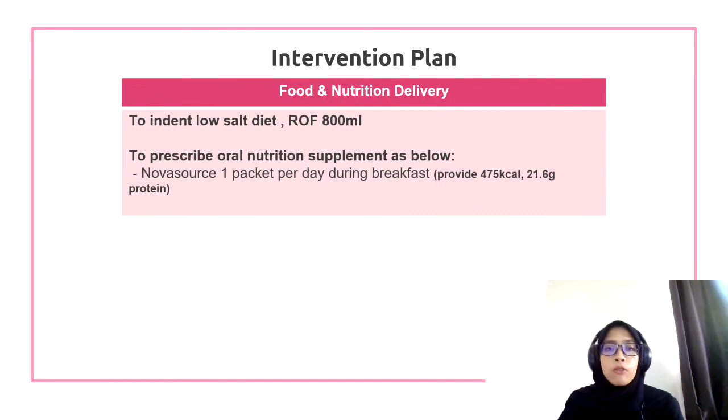And for food and nutrition delivery, I will indent a low salt diet with RF 800, and also prescribe an oral nutrition supplement, which is Nova Source, 1 packet per day during breakfast, which provides around 475 kcal with 21.6 gram of protein. I choose Nova Source because it is suitable for patients that need water restriction.